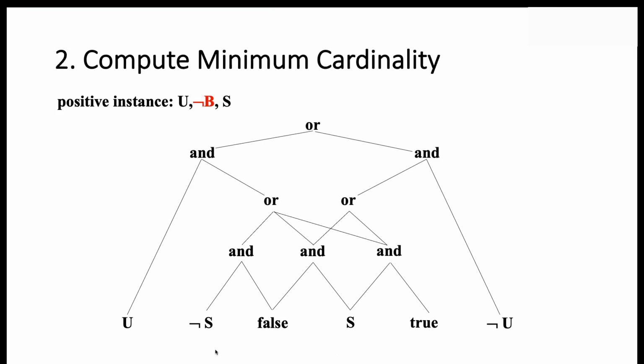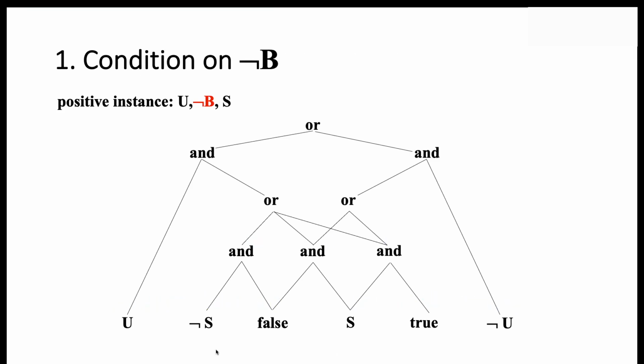So in this particular case, sorry, let me go back. We are defining cardinality differently. The cardinality of a model is the number of variables it sets to true. And I want to find models that minimize the number of variables set to true. That is, I'm trying to get rid of as many positive features as possible.